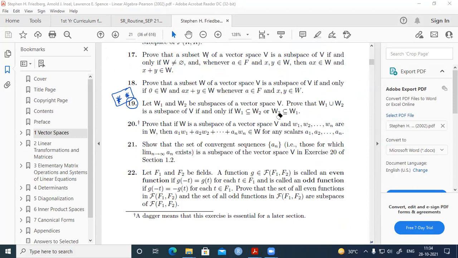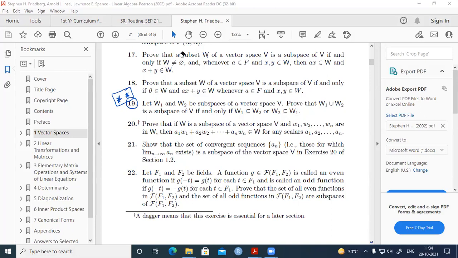If W1 is a subset of W2 or W2 is a subset of W1, not both, then W1 union W2 will become a subspace of the vector space. Otherwise, it is not always true. So first of all, you have to find out a counter example where it is not holding. Then you can try question number 19.